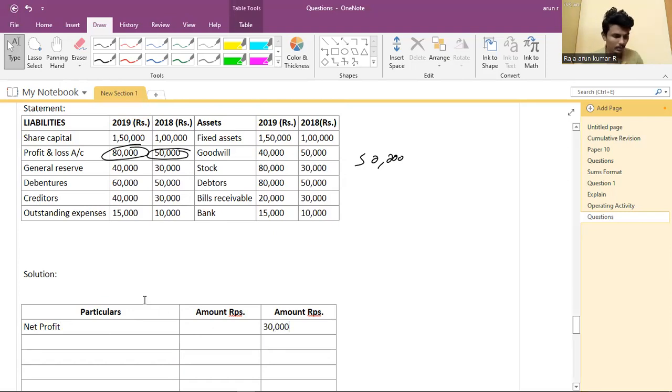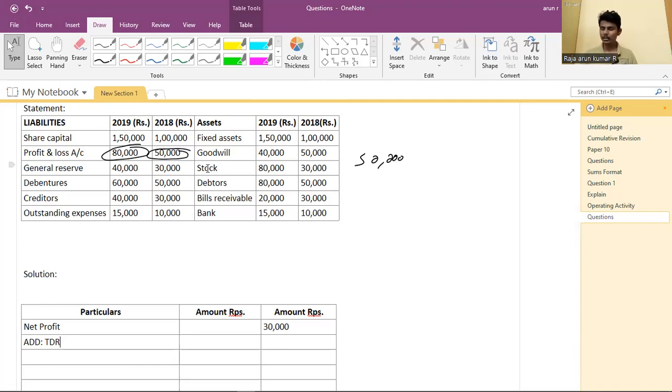Second step, I tell you, TDR. What is TDR? T for taxation, D for dividend, R for reserves. Where have they given the reserves? Yes, they have given general reserve in the sum, in a logical way. The difference of opening and closing is 30,000 net profit.